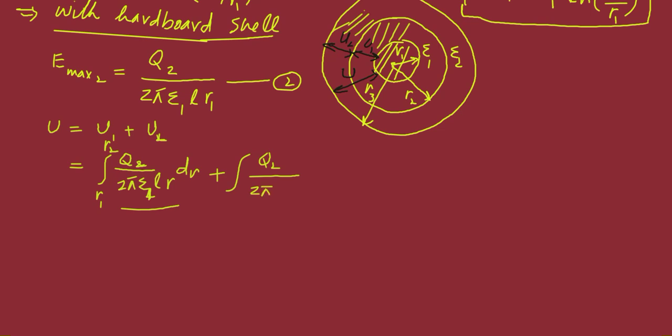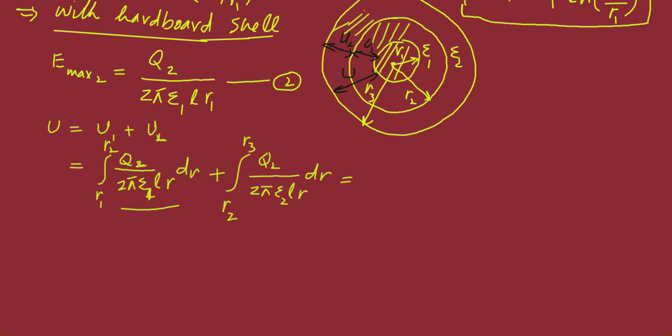Now here we will use epsilon 2 because we are in the insulation layer 2, epsilon 2 L R dr, and now the limits will be from R2 to R3. Because we are in the outer layer, so R2 to R3.